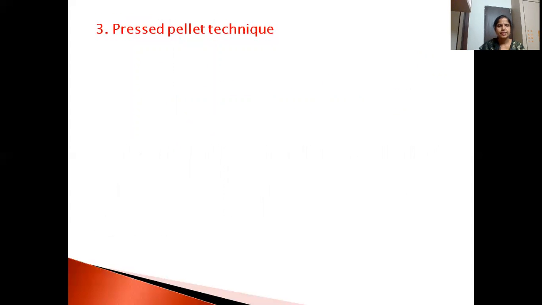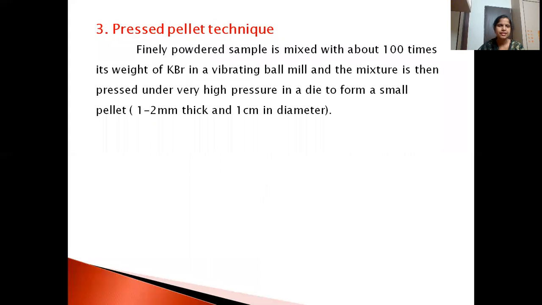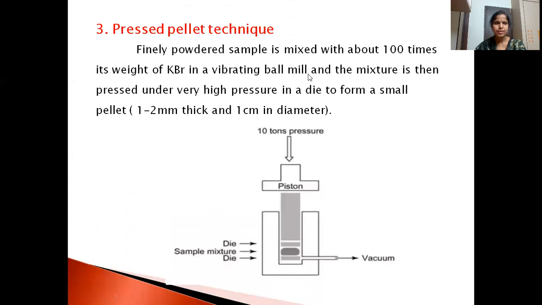Then pressed pellet technique. In the pressed pellet technique, the sample is mixed with around 100 times its weight of KBr, potassium bromide, in a vibrating mill, and then it is pressed. Here you can see the sample is placed, first mixed with the potassium bromide, and then pressed using a piston.